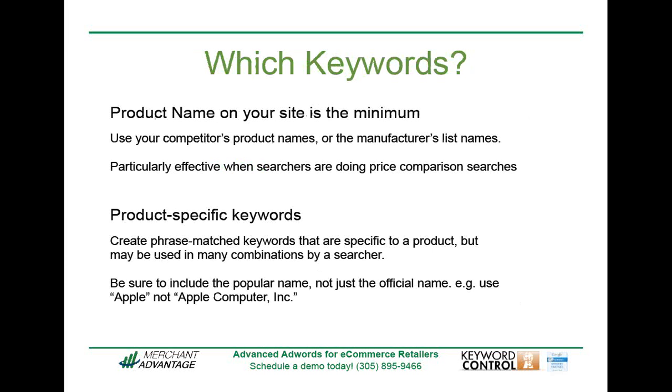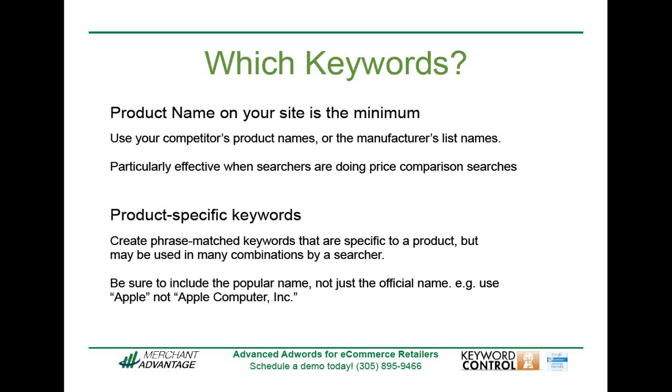Which keywords should you use? This is one of the big questions asked with this type of product advertising with AdWords: where do you get your keywords from? I encourage all of you to use, at the very minimum, the product name on your website. It's necessary. Everybody's shopping around. They're copying and pasting the product name from your website.